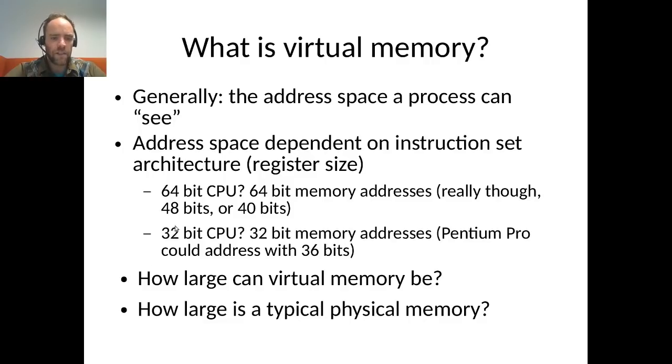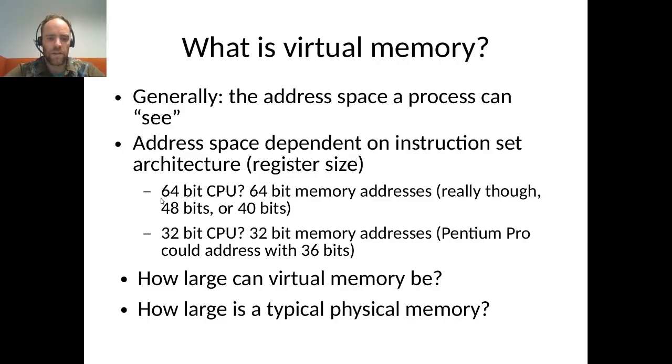But if we take these theoretical limits, how large can our virtual address space be? If you think of a 32-bit register, what's the largest? We have byte addressable memory, so that means we're not addressing bits in memory, we're addressing at the byte level. So that means that we can have 2 to the 64 different addresses in a 64-bit system, or 2 to the 32.